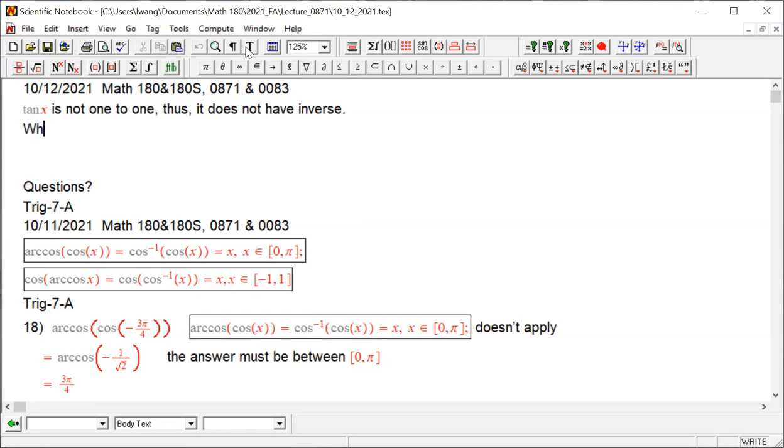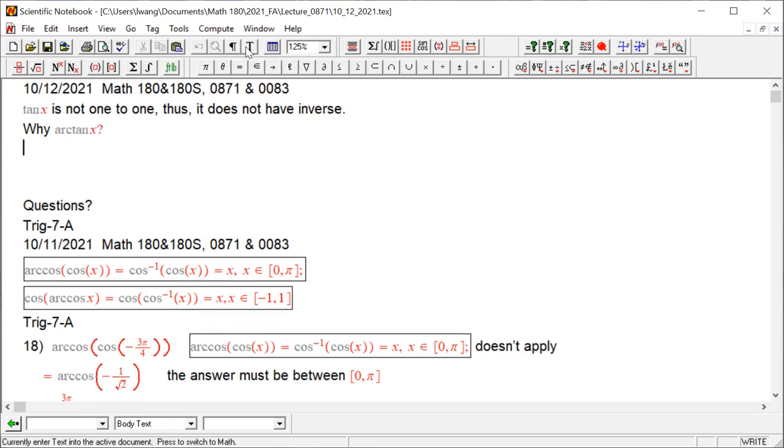But why do we have arctangent? It's done with the same idea as arcsine and arccosine.